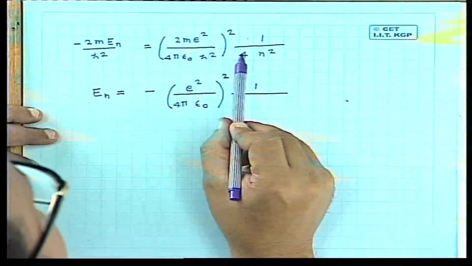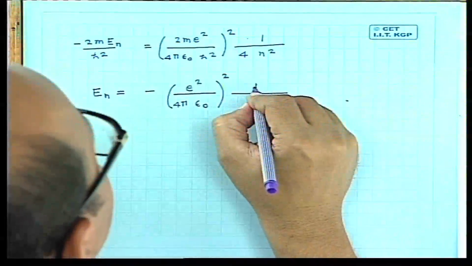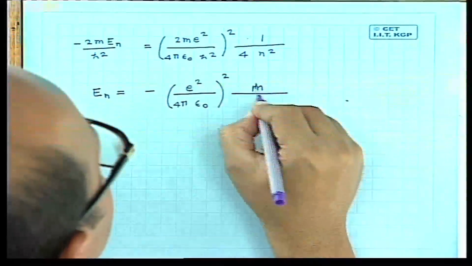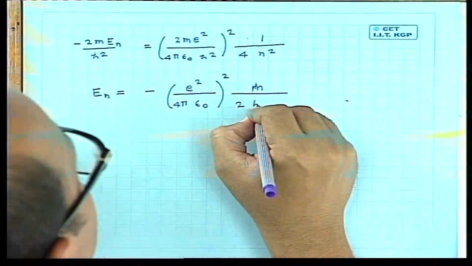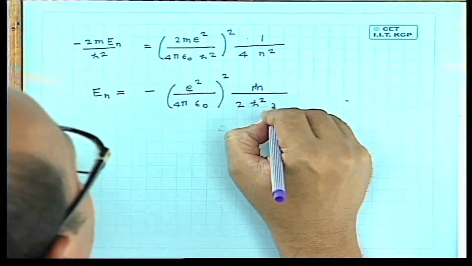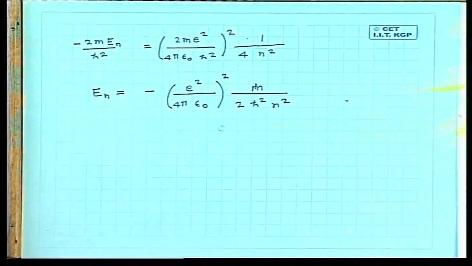The 2 will cancel out with the 4 here, so I have m by 2 h cross square n square. So these are the energy levels of the hydrogen atom.